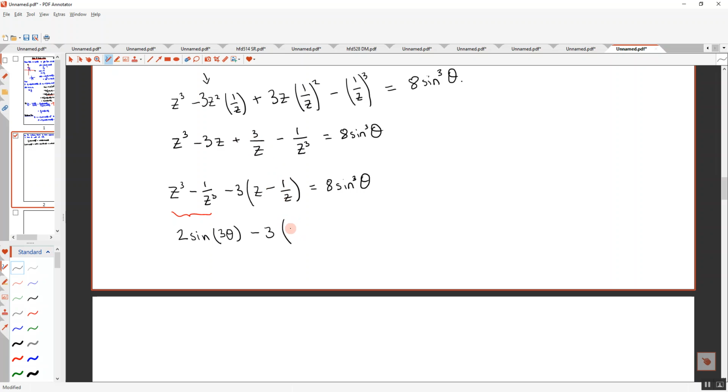And that is equal to 2 sine of theta, which is 8 sine cubed theta. Alright, and we're after sine cubed theta. I'm just going to write it up here.